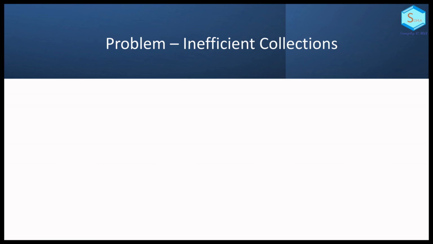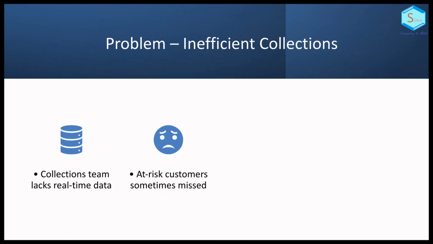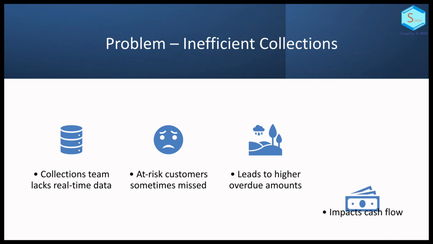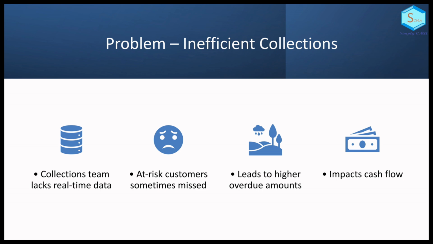The next problem is inefficient collections. Collection teams usually decide who to follow up with based on aged receivable reports. However, without real time visibility into payment status or customer risk, they may miss key accounts. This leads to higher overdue amounts, cash flow issues, and missed early warning signs of default. So next are problems of dispute resolution delays.